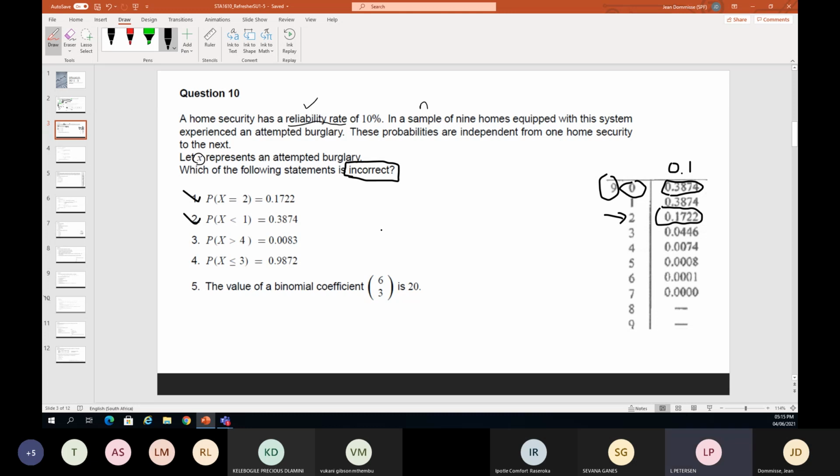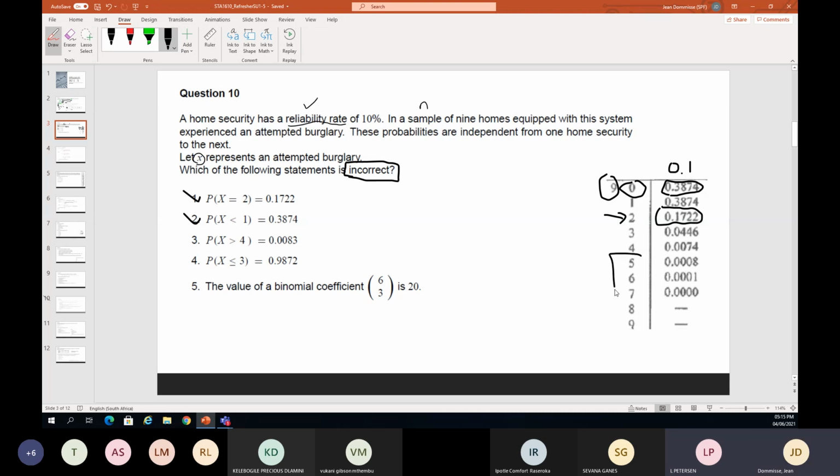Okay, then the next one, X bigger than 4. What would we look at in the table for X bigger than 4? Basically 5, 6, and 7.